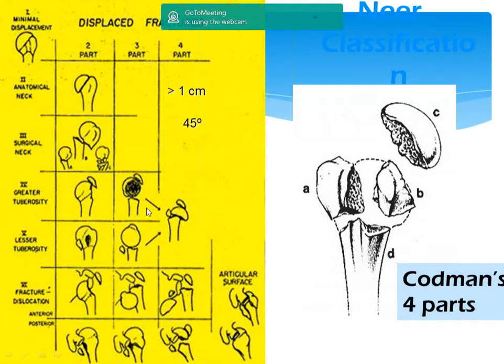And three-part fracture is from greater tuberosity, because greater tuberosity is a cancellous bone here, so it leads to comminution. So that may be classified into three-part or four-part fracture. So finally, there may be fracture dislocation also.